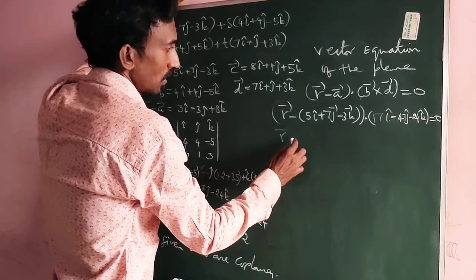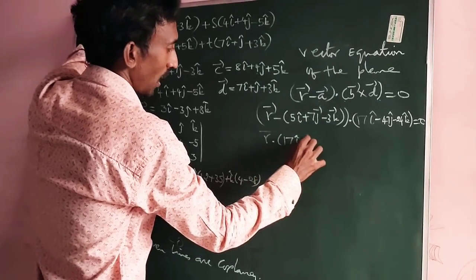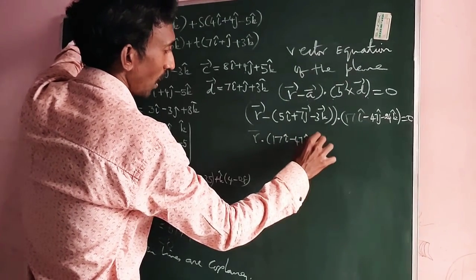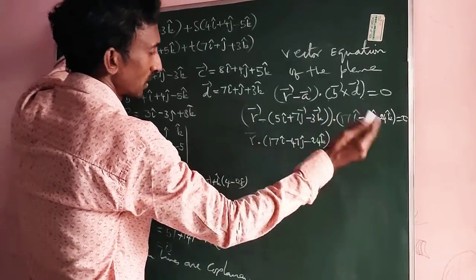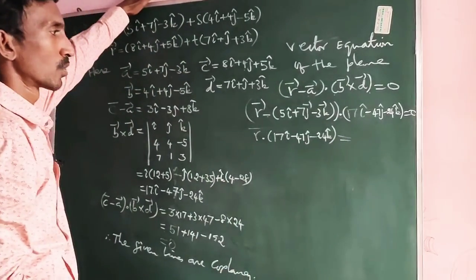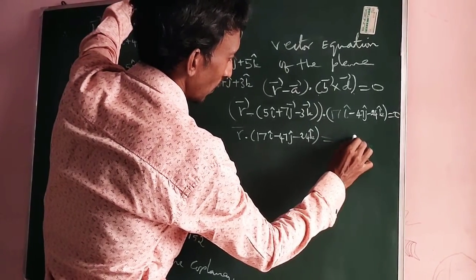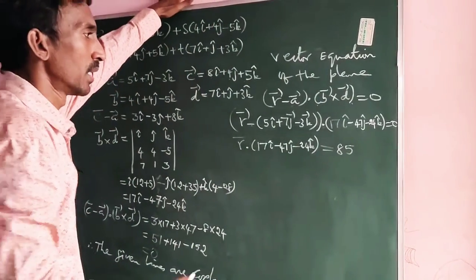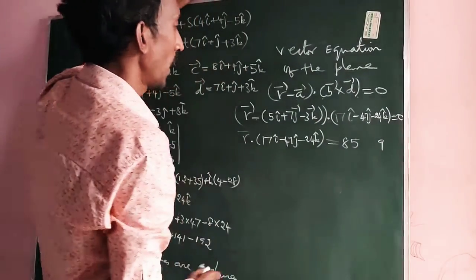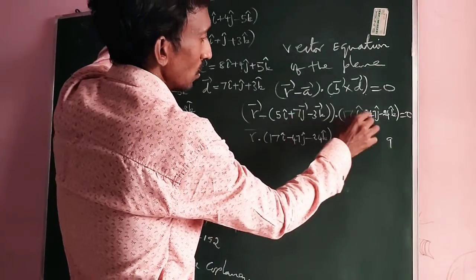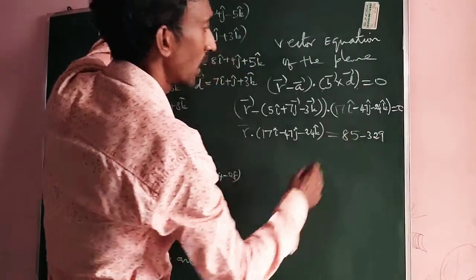As usual, take the dot product. So r dot (17i minus 47j minus 24k), and the other term changes side, becoming plus. 17 into 5 is 85. 7 into minus 47 is minus 329.